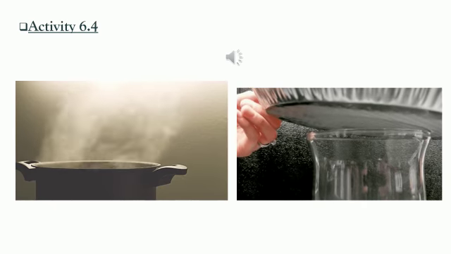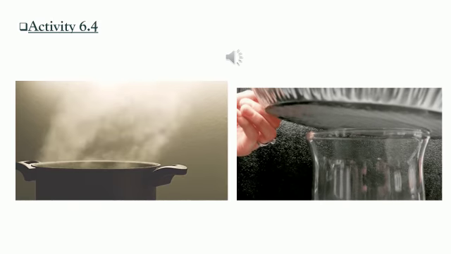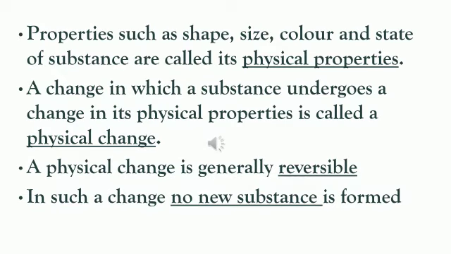I'm going to explain what exactly is physical change. Okay, so properties such as shape, size, color, and state of substance are called its physical properties. So in all these experiments, we have seen that the object or substance changes shape, size, as well as color and state, right?